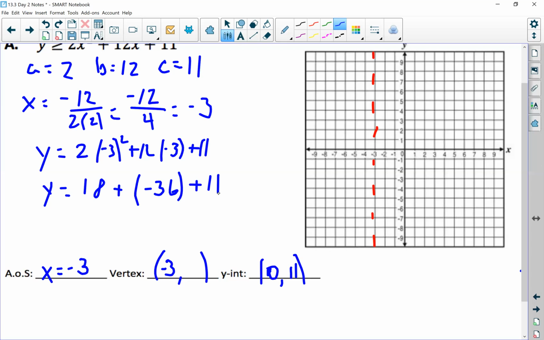So if I take 18 plus negative 36 plus 11, what do we get?